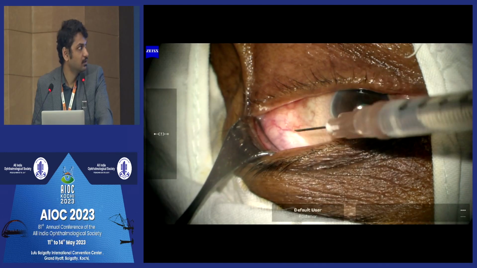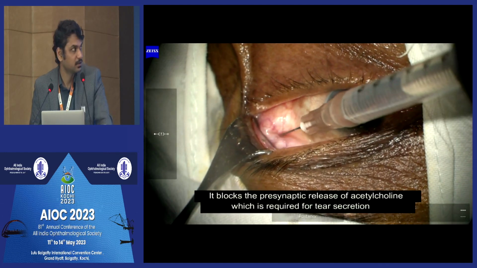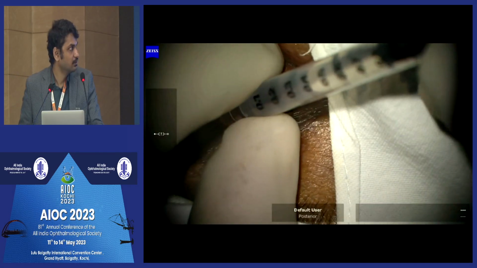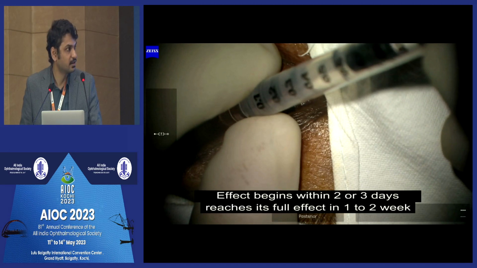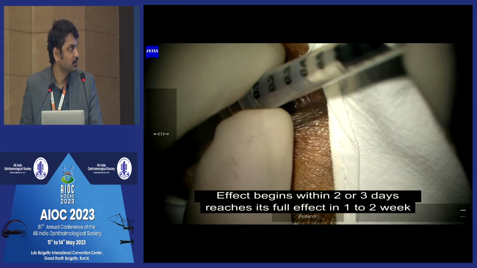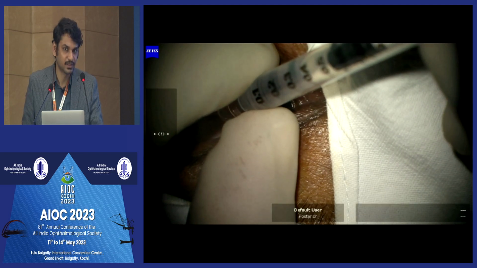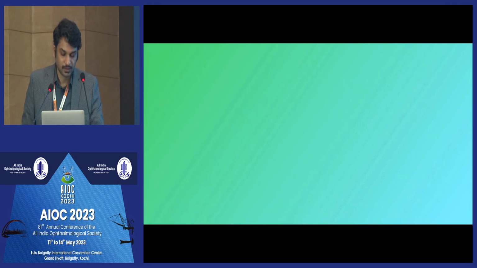This is mainly for patients with watering. One point addresses the palpebral part, and the other point will address the deep part. You should never inject more than 4 units at the first sitting, as there is a risk of drug diffusion into the LPS causing ptosis.